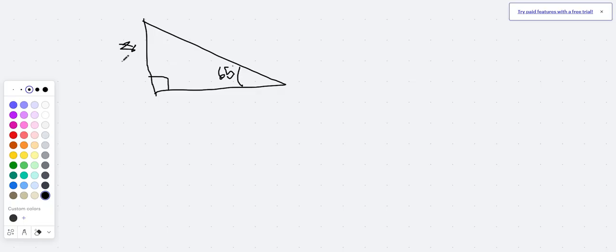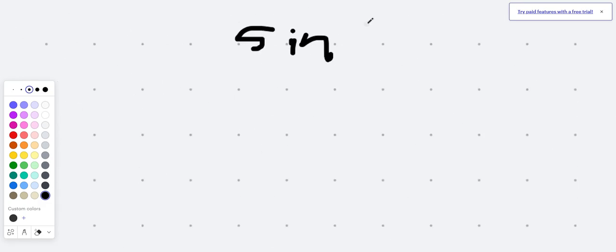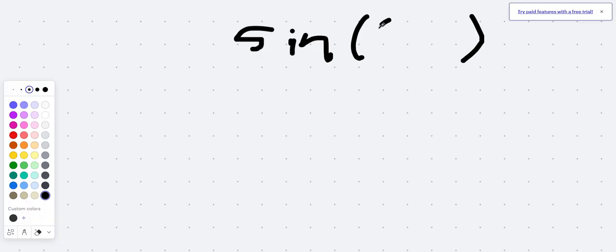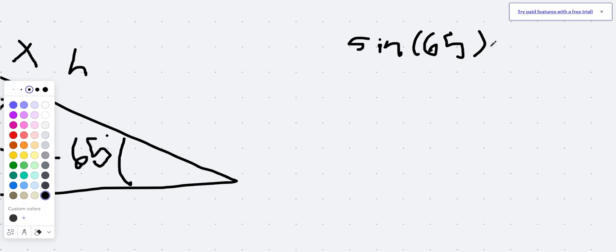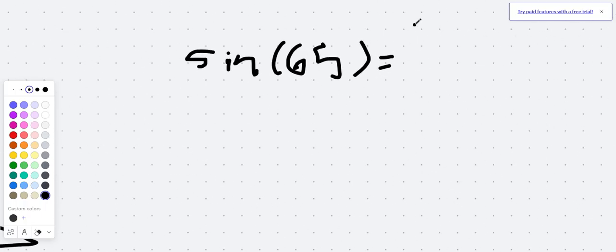Let's just say this is 10, and this is x. So I'm going to point this here, and we're going to see this is opposite to the 90-degree angle, so it's the hypotenuse. Opposite by hypotenuse is sine. So we're going to say sine of the angle, which is 65, is equal to opposite over hypotenuse. What's opposite? 10. So 10 over x.